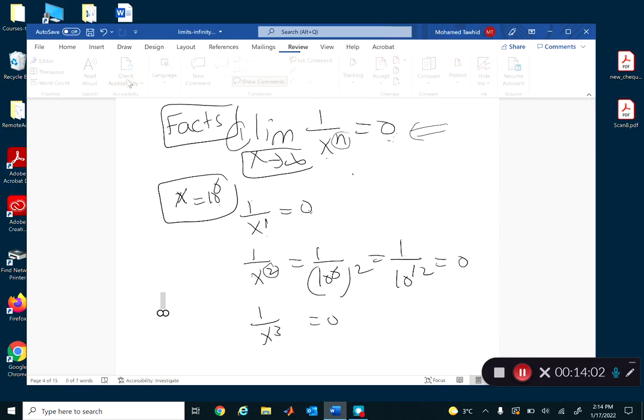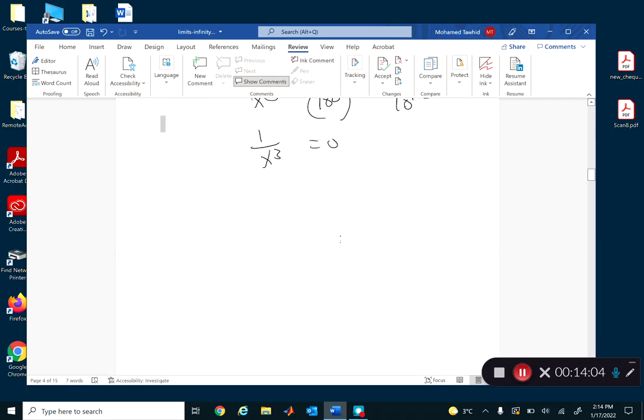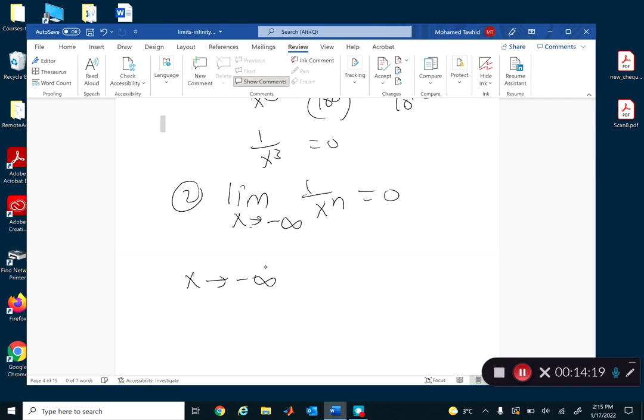Now, what is fact number 2? If you have the limit as x close to minus infinity of 1 over x to the power n, that also gives you 0. But why? x close to minus infinity means x is a very big negative number. For example, take x equal negative 1 million.